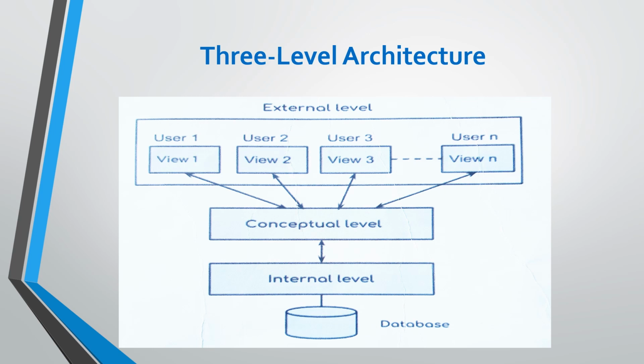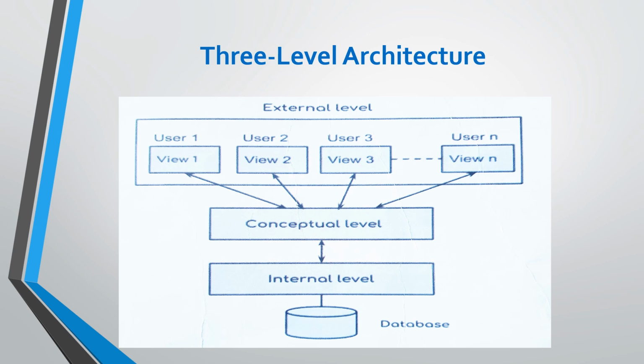The third one is the external level. The external level is the highest level of data abstraction that deals with the user view of the database. Thus, it is also called the view level. In general, most of the users and application programs don't require the entire data stored in the database. The external level describes a part of the database for a particular group of users.